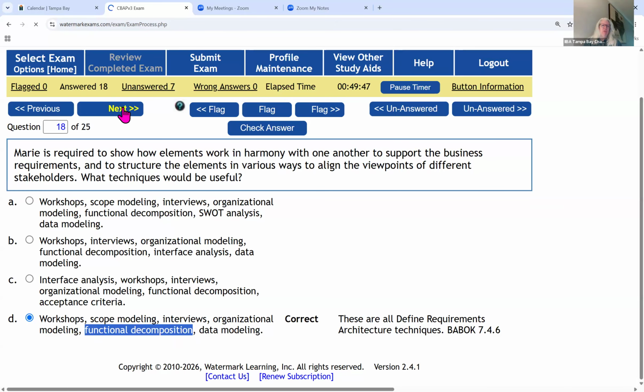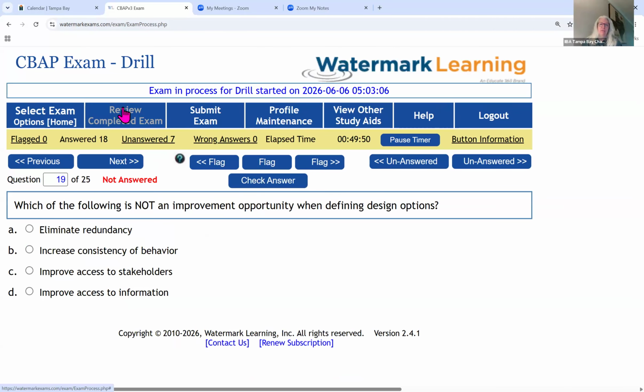Okay, 19. Which of the following is not an improvement opportunity when defining design options? Not an improvement opportunity means 3 of these are and 1 is not. Do we eliminate redundancy when defining design options? Is that something that would be an improvement opportunity? Yes. Okay. How about increased consistency of behavior?